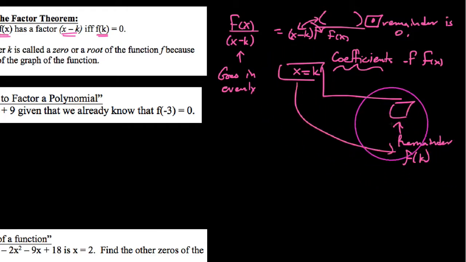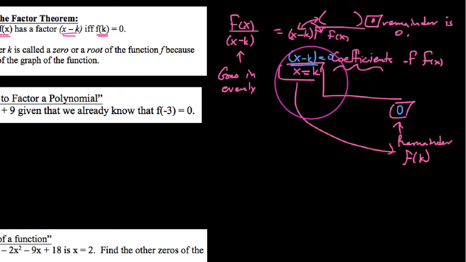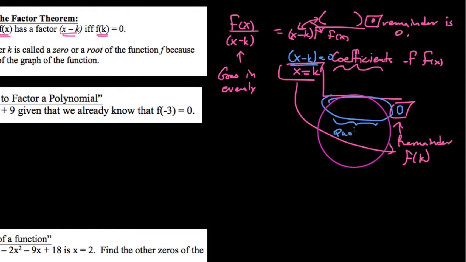So when the remainder is 0, then x equals k corresponds to the factor x minus k. We say x minus k is a factor. Furthermore, if that's a factor, then the quotient we get left over is also going to be a factor.